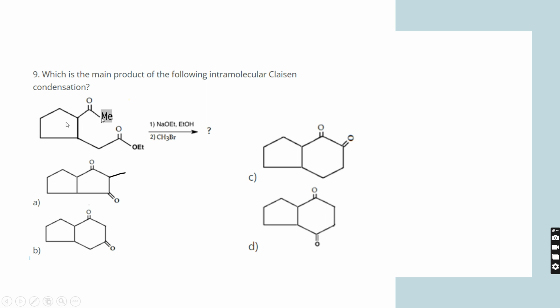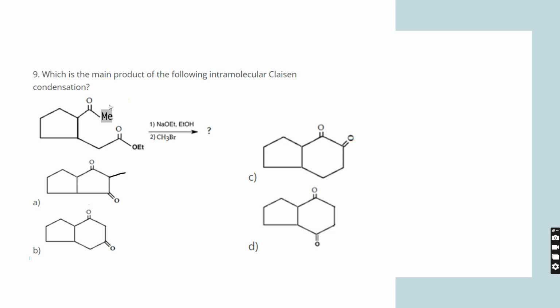So if you abstract protons from the methyl here, you will get 1, 2, 3, 4, 5, 6, a 6-membered ring. But if you abstract the proton from here, you are going to get a 4-membered ring, 1, 2, 3, 4. So you have to abstract the protons from methyl, and rather than getting the thermodynamic enolate, you are going to get the kinetic enolate in this exceptional example.